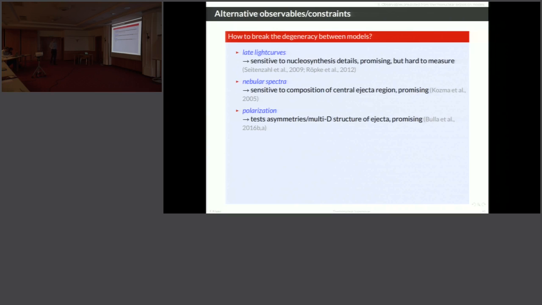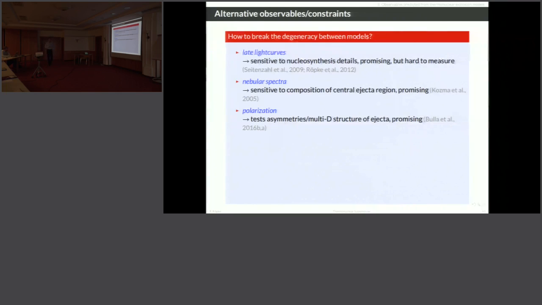Polarization is also something that has been looked at because it directly tests symmetries and the multi-D structure of the ejecta. This is again promising. And here, Stuart Sim's group has been able to generalize their radiation transfer code to also make predictions for polarization. And this was published by Mattia Bulla just last year, where he actually compared the predicted polarization signal from a violent merger, a Chandrasekhar mass delayed detonation, and a sub-Chandrasekhar mass double detonation scenario.